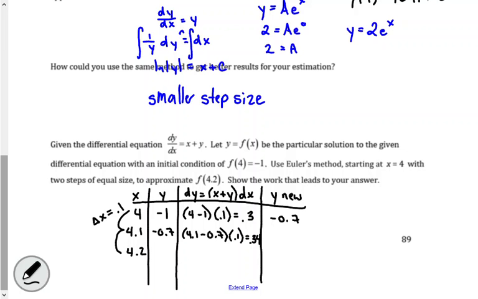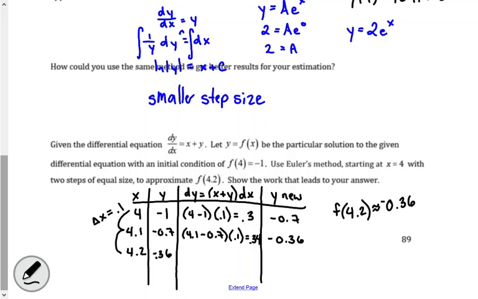So -0.7 plus 0.34 is -0.36. And so 4.2. So f of 4.2 is approximately -0.36. Got it?